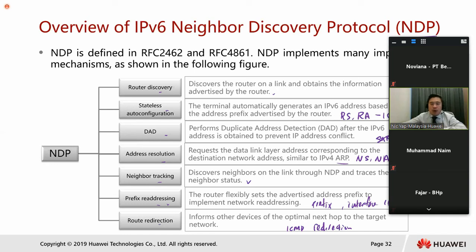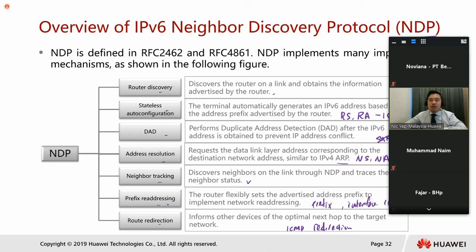When they figure out they have a better way, they will use the redirection to redirect the route back to the host, to ask the host that next time when you go to this destination, point to the next hop specified by the router. I give you a next hop to reach this destination using a preferred path. Do not send this information back to me anymore, because going through me is the suboptimal way.